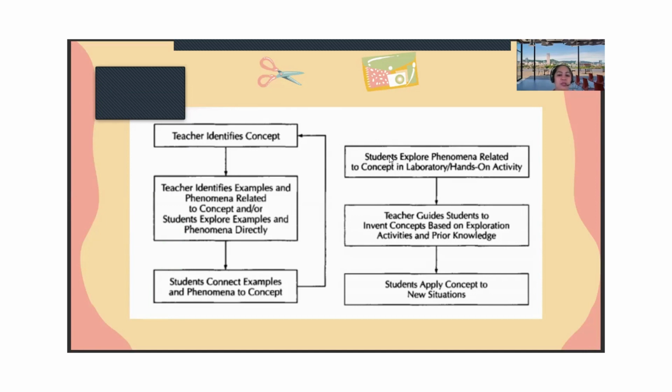And then last, the students connect examples and phenomena to concepts. Normally this is what will happen when you do a task: you will find a topic or concept, and then the students will be able to provide those examples.